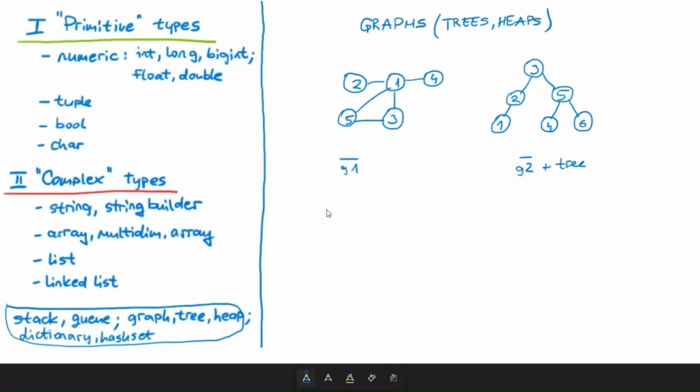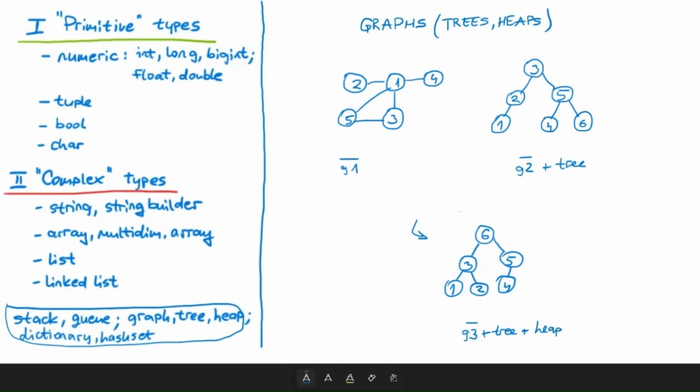Further, if the tree satisfies some additional conditions, for example, like here, that the value inside each node is greater than all its children, it's called a heap. So this one is also a graph, but it's a heap.